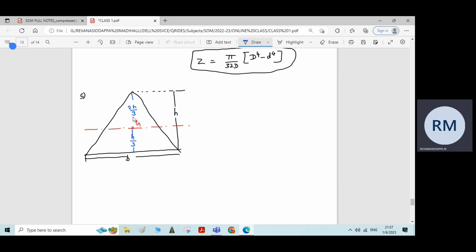Therefore, the distance of the extreme fiber from the neutral axis will be 2h by 3, not h by 3 here. The farthest distance of the fiber from the neutral axis is 2h by 3.